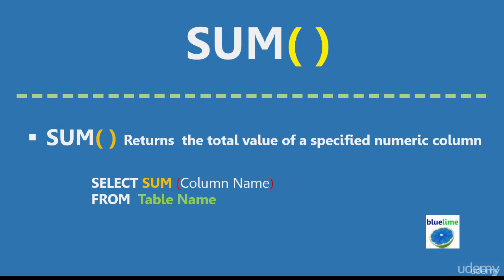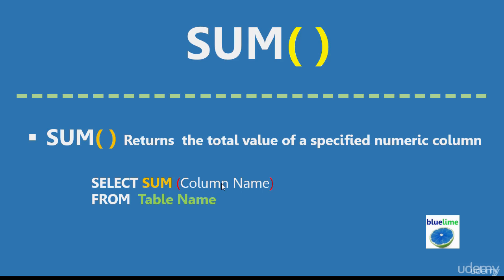So this is the syntax, or how you would specify the sum aggregate function inside a T-SQL query. You start with the keyword select followed by the sum, and then in parentheses you specify the column you want to perform the sum aggregate function on.